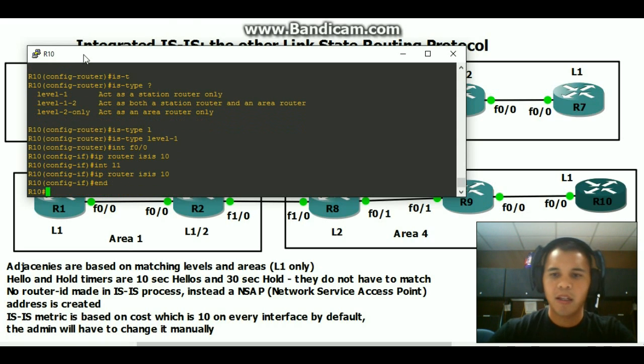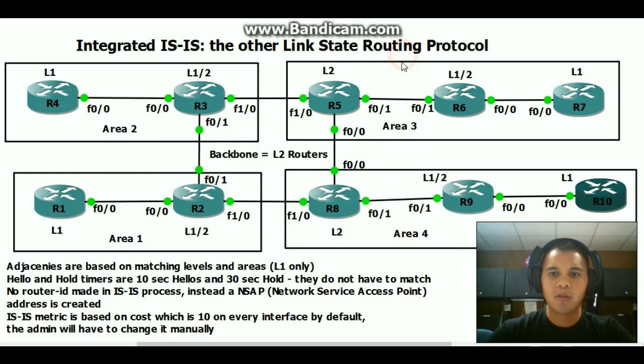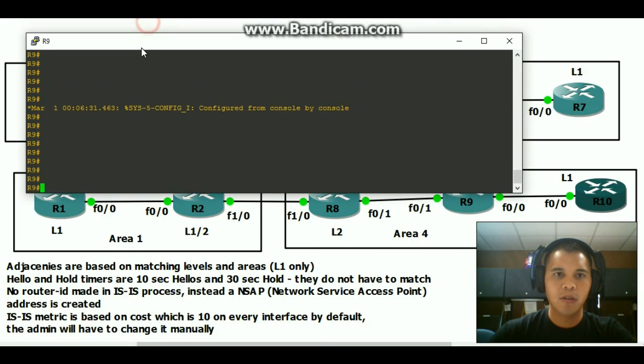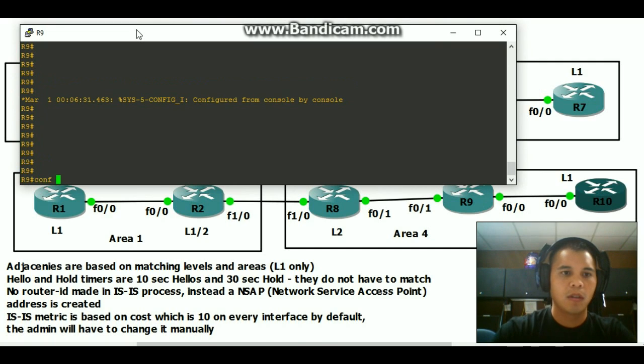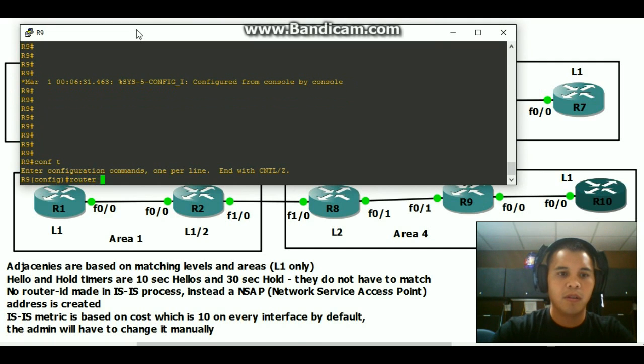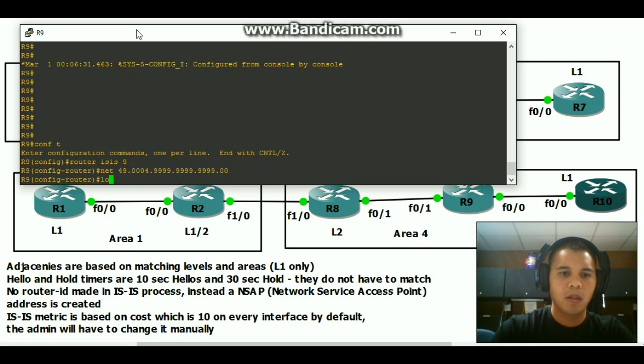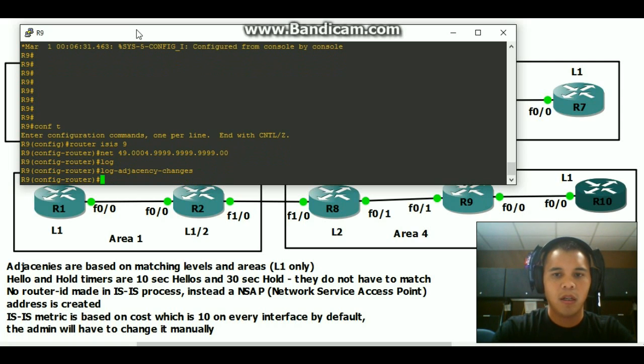We'll end. And then let's configure router 9. So we're going to do the same type of process there, a little bit quicker. Config t, router isis 9, net 49.0004.9999.9999.00, log adjacency changes.